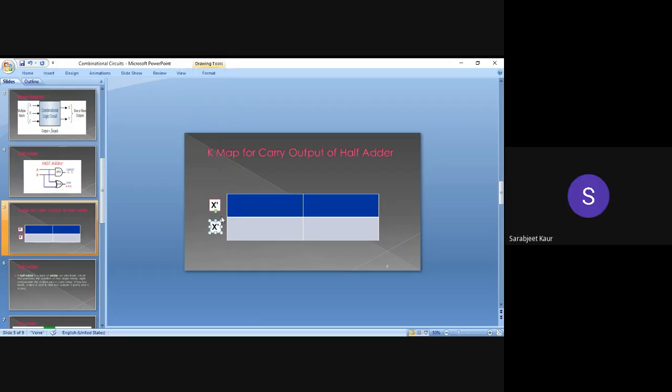So what I'm doing is drawing the Karnaugh map for the carry output. If you wish, you can also draw it side by side on a piece of paper. So what do I get?